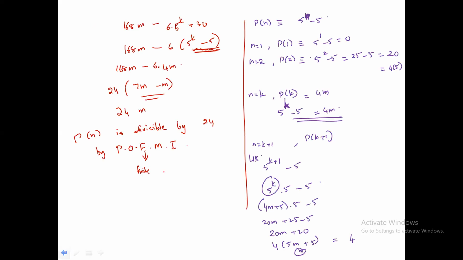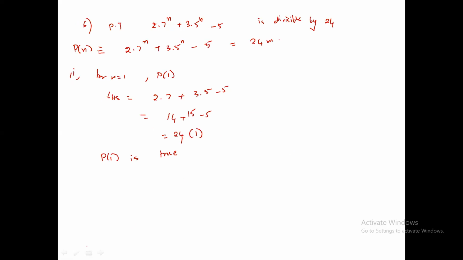Next, we can go to question number 8. What is question number 8 asking? Oh, we left question number 7, I think. 6 we did. Yes, 7 we have to do.